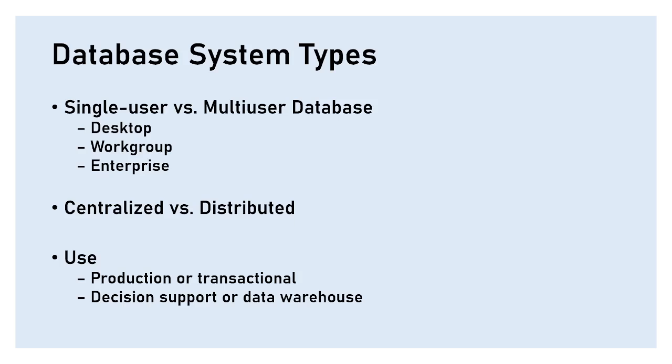Then we have different database system types. Whenever you design a database, it's either going to be used by a single user, meaning one user at a time, or by multiple users, like in the example of IRCTC. I'm using it from here, you might be booking from your home, so that is a multi-user database. Single user is where one person is using it at a time.